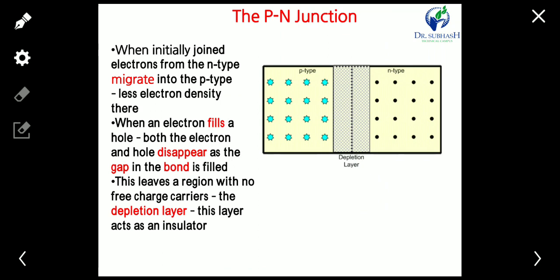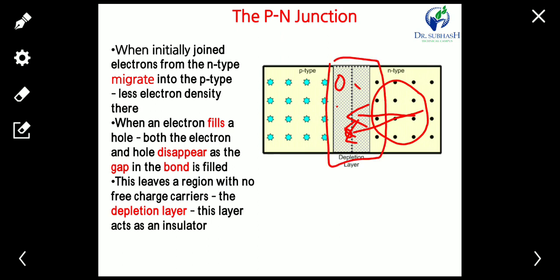Now, initially when joined, the majority electrons transfer to the P-type material, where holes are available. Whenever an electron fits into a hole, electron-hole recombination occurs in this region.